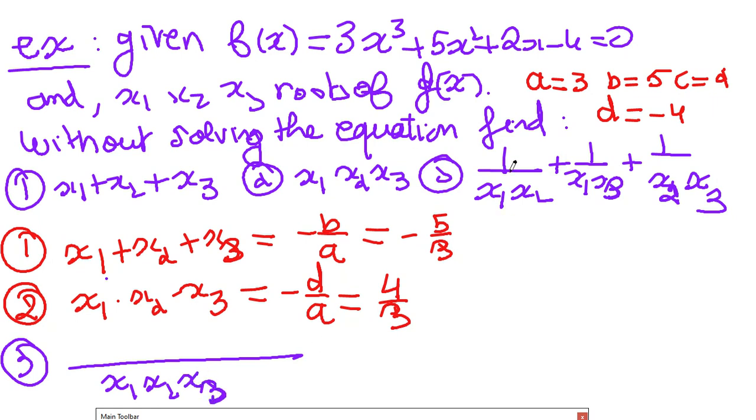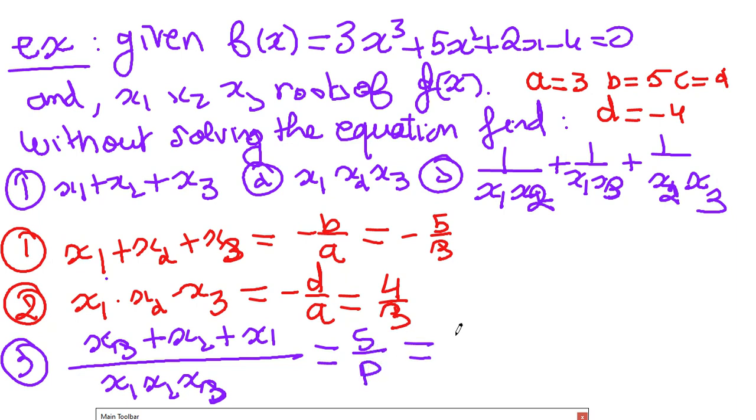What did I multiply the first fraction by? I multiplied by x3, so this one is x3 times 1. So it's x3 plus, I multiplied the second one by x2, and the last one by x1.